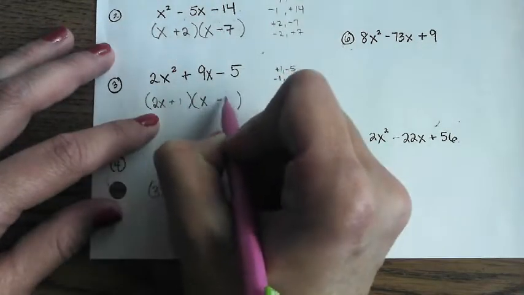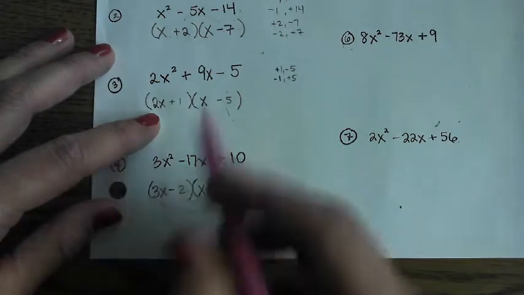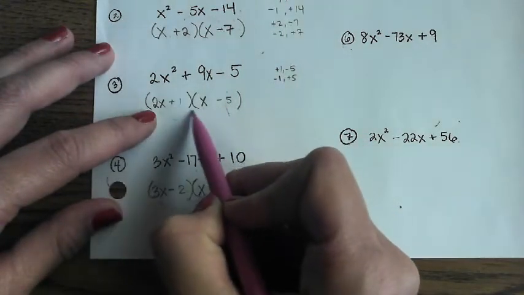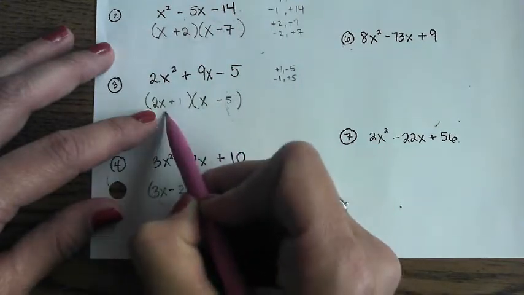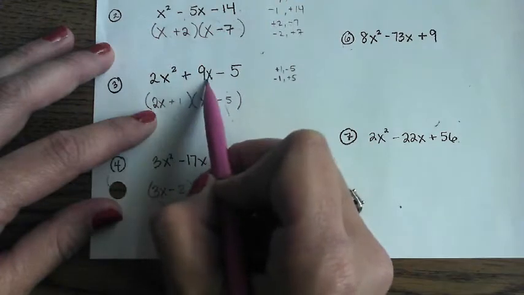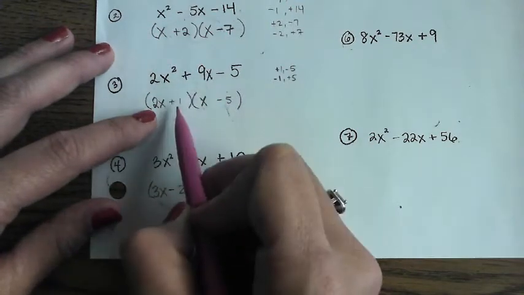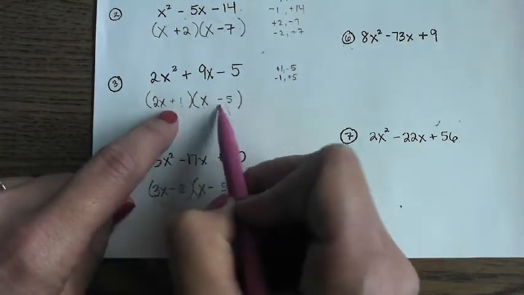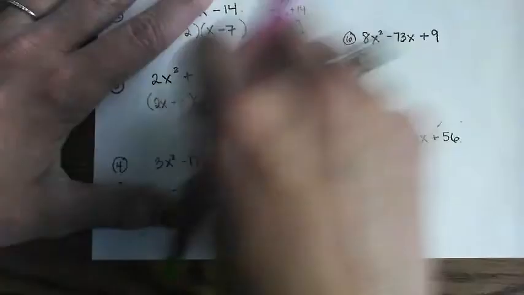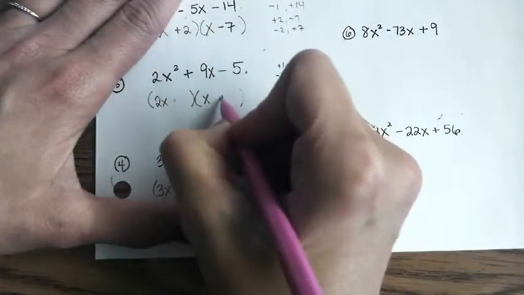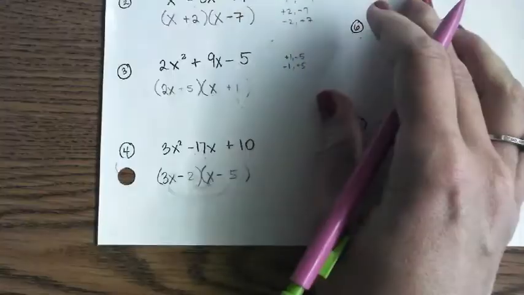So even if we pick positive 1, negative 5, for example, and check that, what's my outer? What's my inner? And so what's negative 10x with plus 1x going to make? Negative 9x. Is that what I want? No. So that positive 1, negative 5 didn't work in that order, but I could switch it and make my positive 1 over here and my negative 5 here.